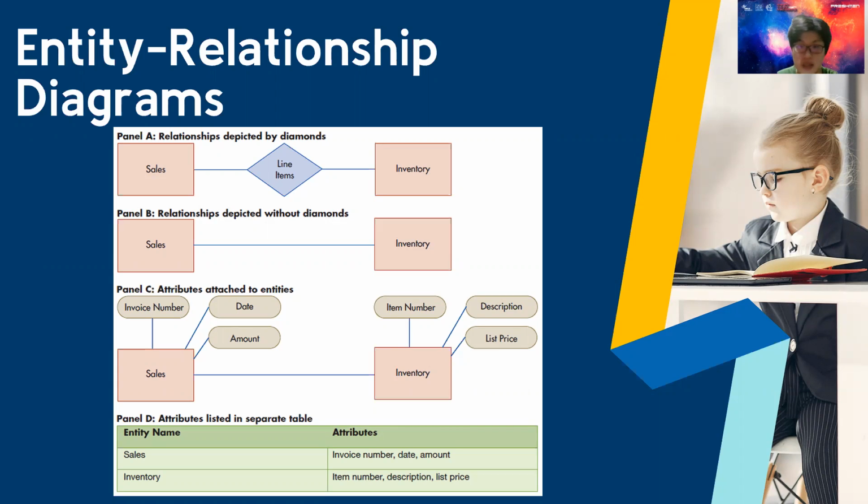Panel D is the same as panel C but in table form. ER diagrams can describe anything that the organization wants to collect information on. It is important from a design perspective to understand the submodel.